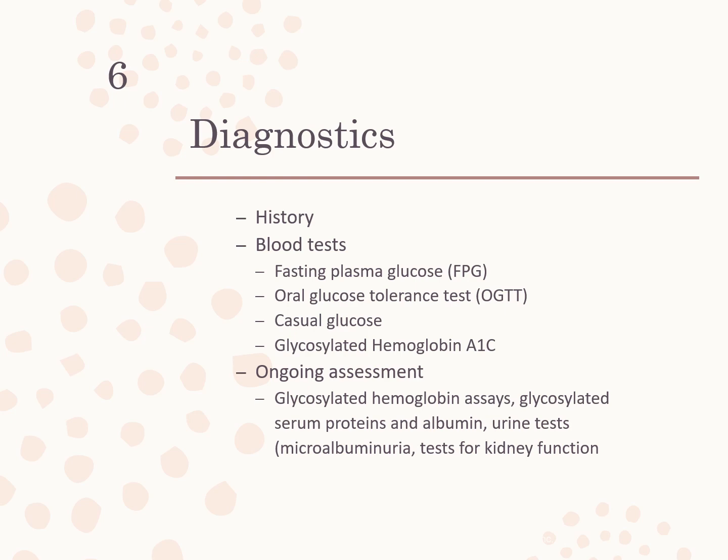I have the normals on the next page, so I won't rattle them off here. Oftentimes when you have lab work done at your doctor's office, they say make sure these are fasting labs, because they want to know what your sugar is without having eaten any food.